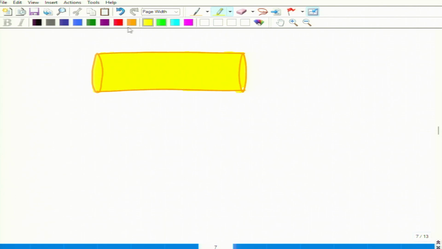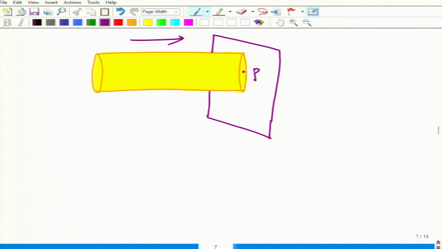We are considering a plane perpendicular to the direction of propagation. This is a plane, and let me consider a point P here, any point P. So what will be the intensity of that radiation?